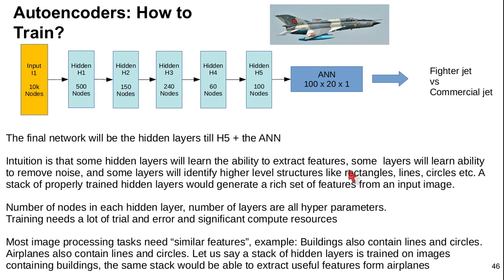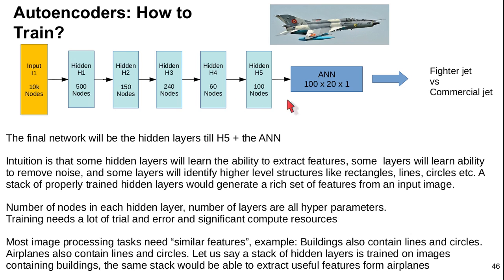Now, airplanes can also be differentiated using lines and circles. Fighter jets contain certain patterns of lines, triangles, and circles, and commercial jets have these same structures in a different pattern. Let us say we have trained a stack of these hidden layers on images containing buildings.